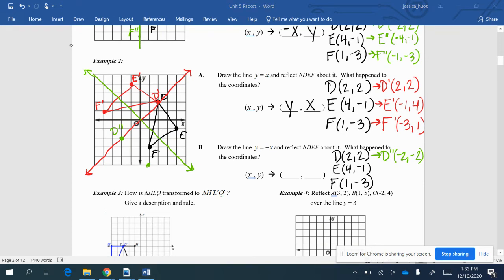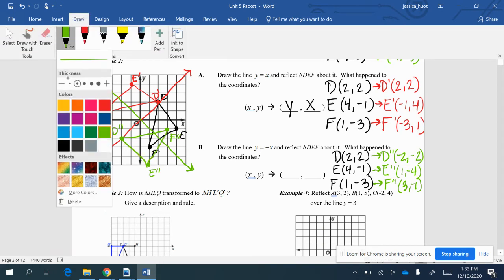So E double prime becomes 1, -4. And then for F we go right here. There's F double prime. F double prime goes to 1, 2, 3, +3, -1. So here is our new triangle.